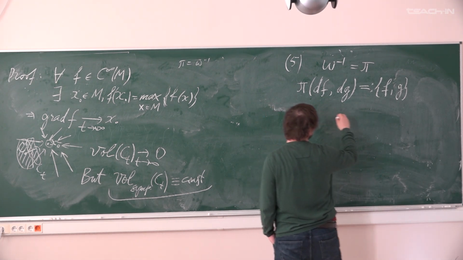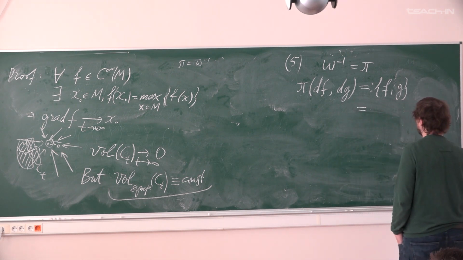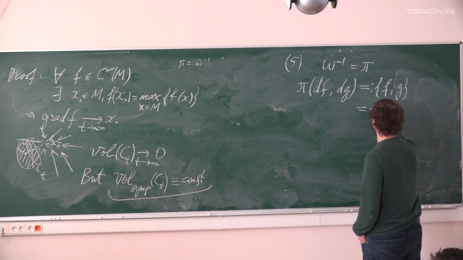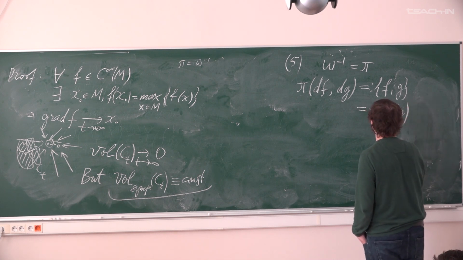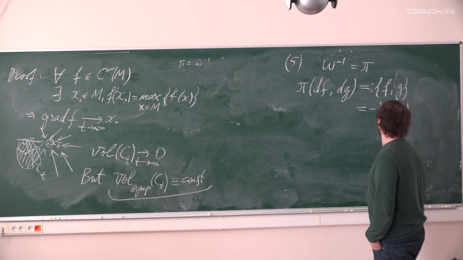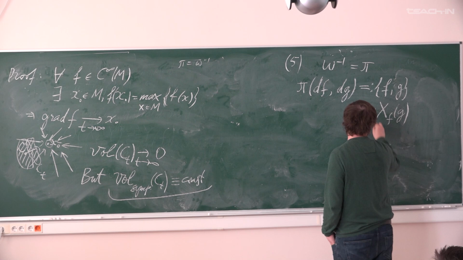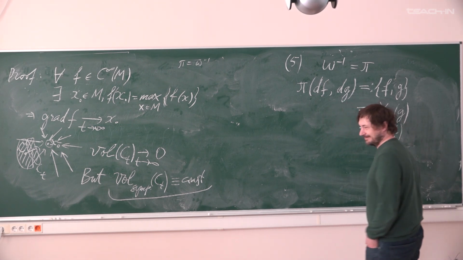You can rewrite it using the definition of the Hamilton vector field as, up to the sign again, X_f applied to g, or the same, X_g applied to f.